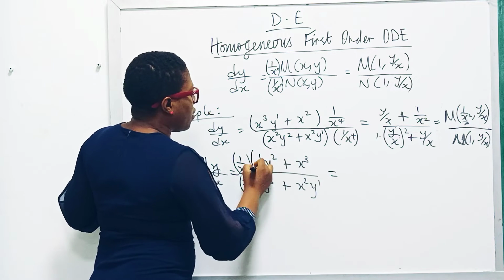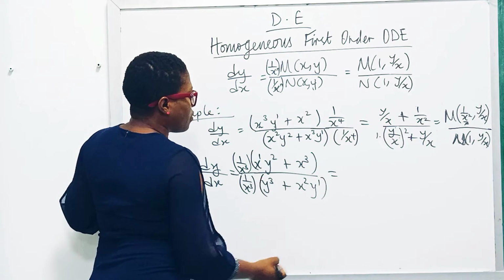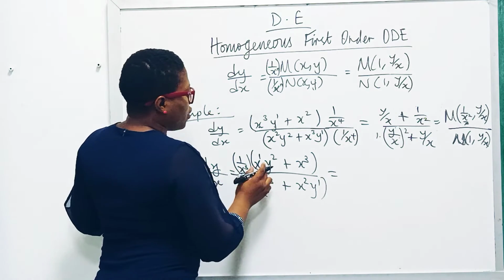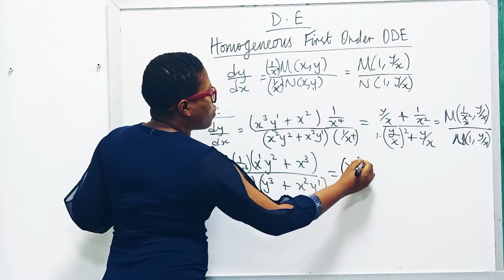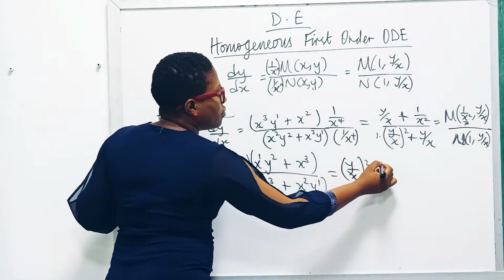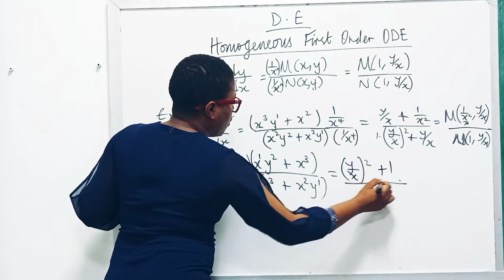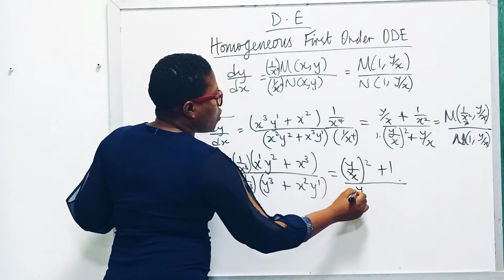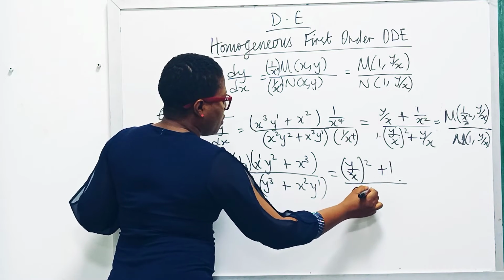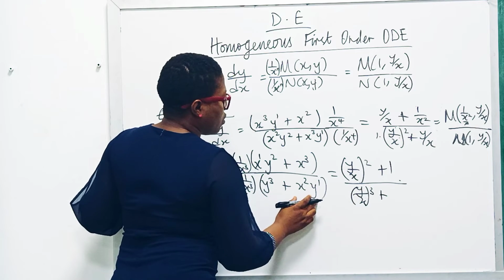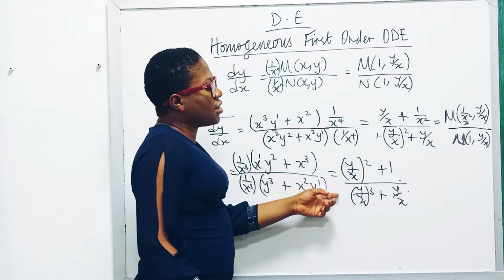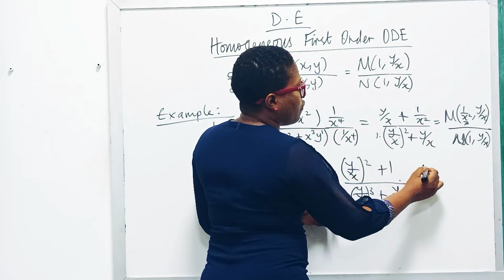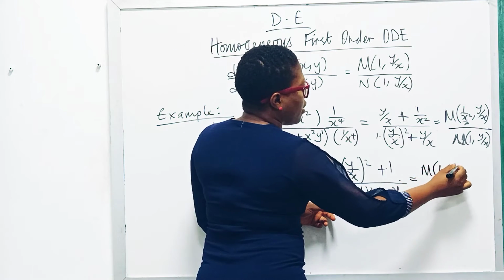And this will give me y over x squared plus 1 all over y over x cubed plus y over x. What we can see here is that the top is a function of 1 comma y over x.